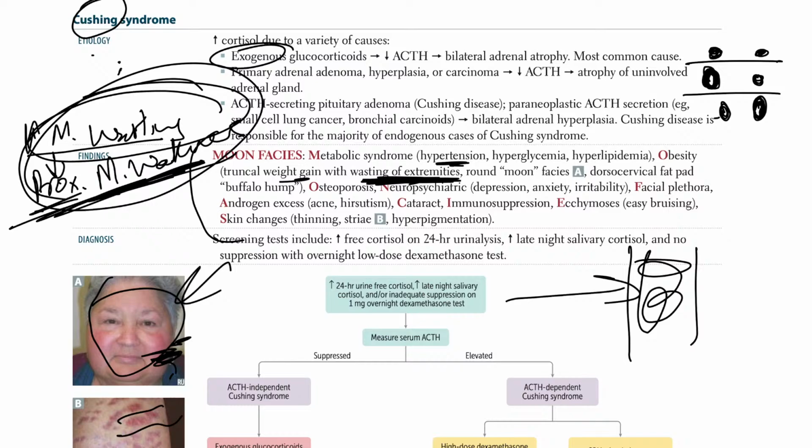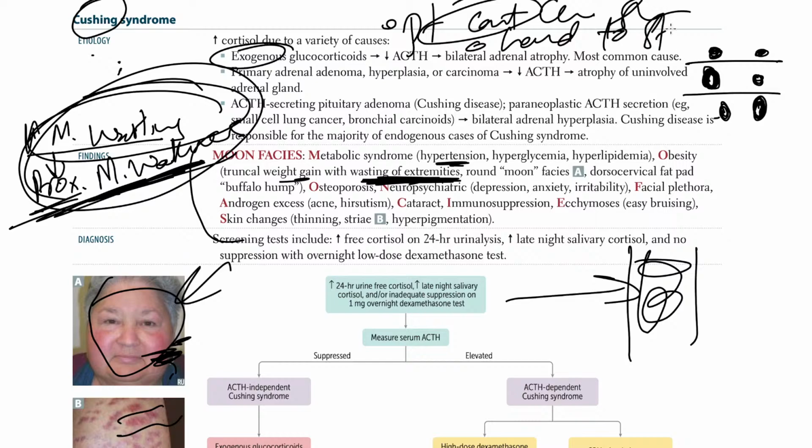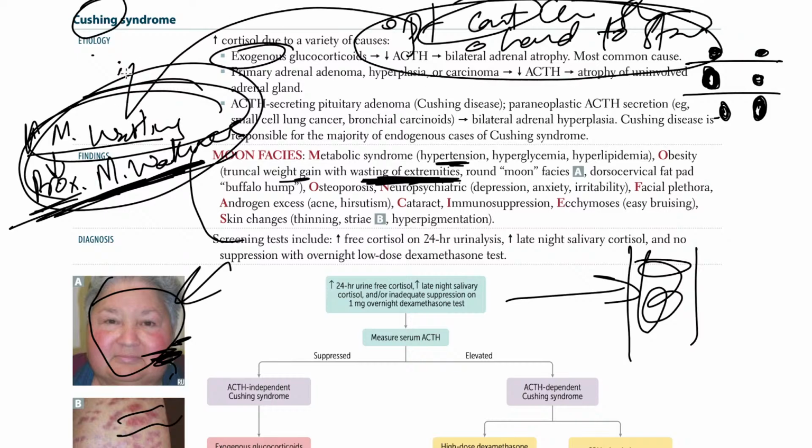They'll say the patient can't climb stairs, or there's difficulty climbing stairs. It's hard for them to stand from a sitting position. Okay. And all of this is due to the fact that you have proximal muscle weakness, high yield. Okay.